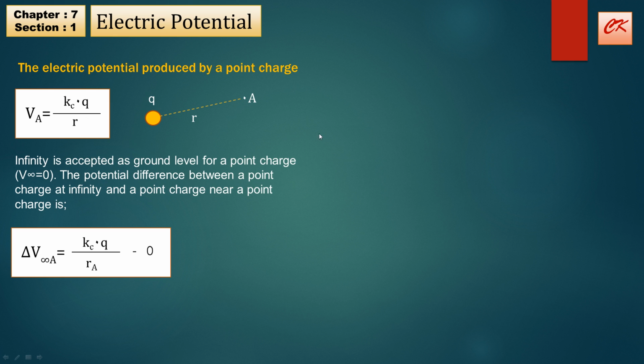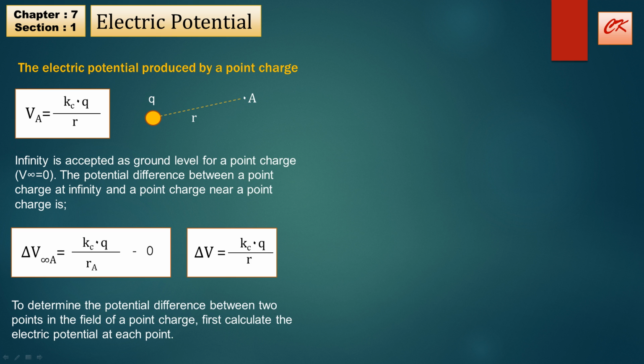So in order to calculate potential difference at any point, we bring the charged particle from infinity to that point. Infinity is initial, this point is final. When we calculate delta potential, it will be potential at A minus potential at infinity. So the potential difference for a point charge will be KQ over R, the same as the potential here.